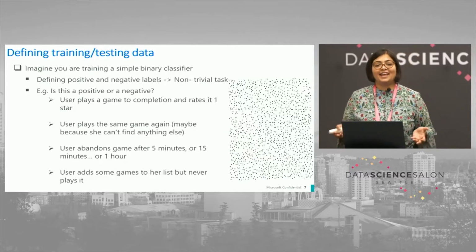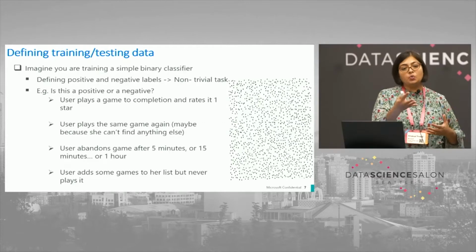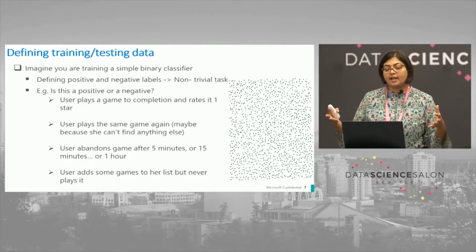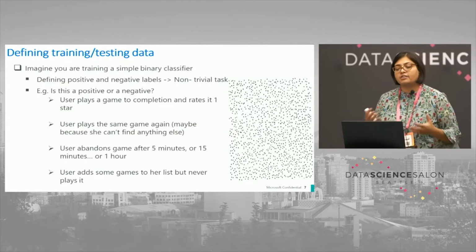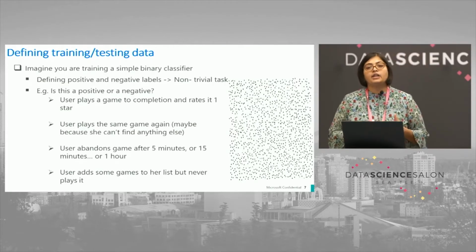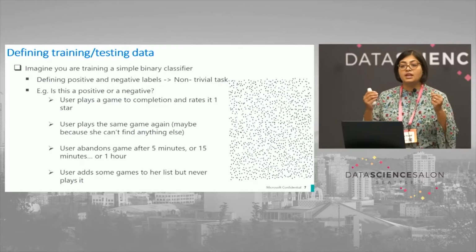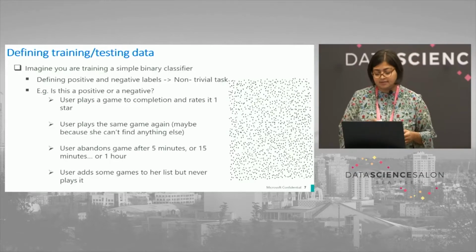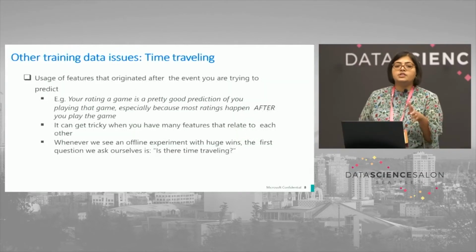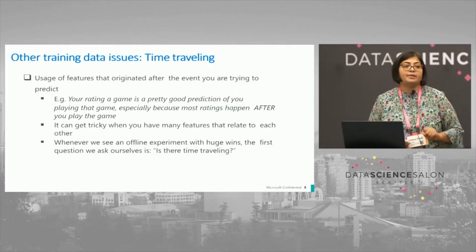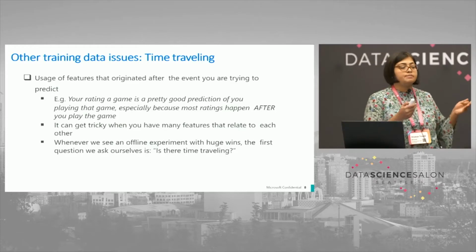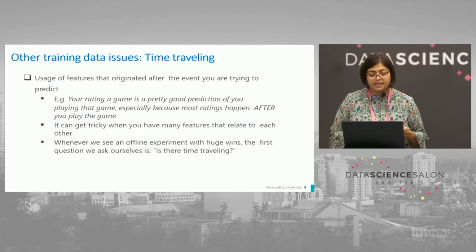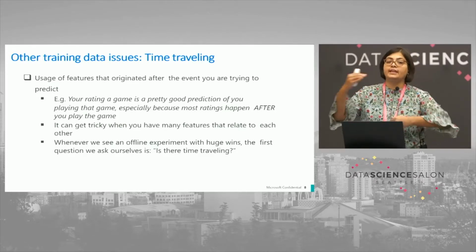What I'm trying to say is there are lots of unknowns when you're trying to develop labels for your data sets. Try to take as many external factors into consideration as you can when you're doing the data engineering or data processing, even before you start testing your algorithms. Another training data issue is time traveling. Especially if you're working in a user-related environment where you depend on user feedback for your labels, it's mostly after the event has happened.